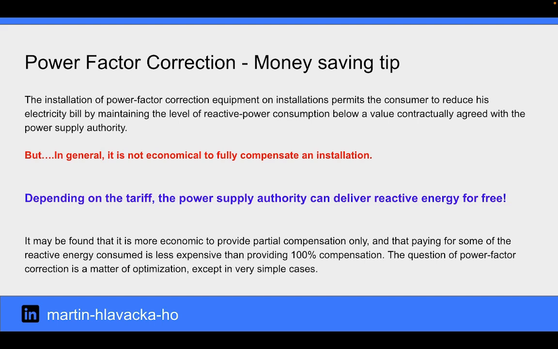Depending on the tariff, the power supply authority can deliver reactive energy for free. It may also be found that it is more economical to provide only partial compensation and that paying for part of the reactive energy consumed is less expensive than providing 100% compensation. The question of power factor correction is a question of optimization, except in very simple cases.